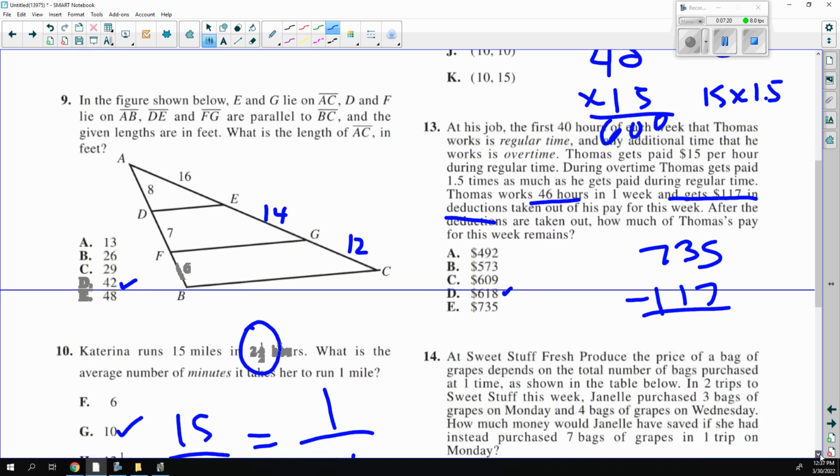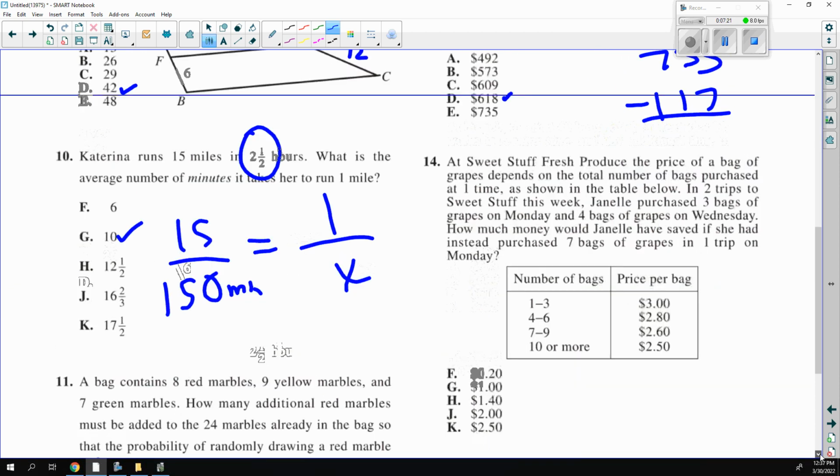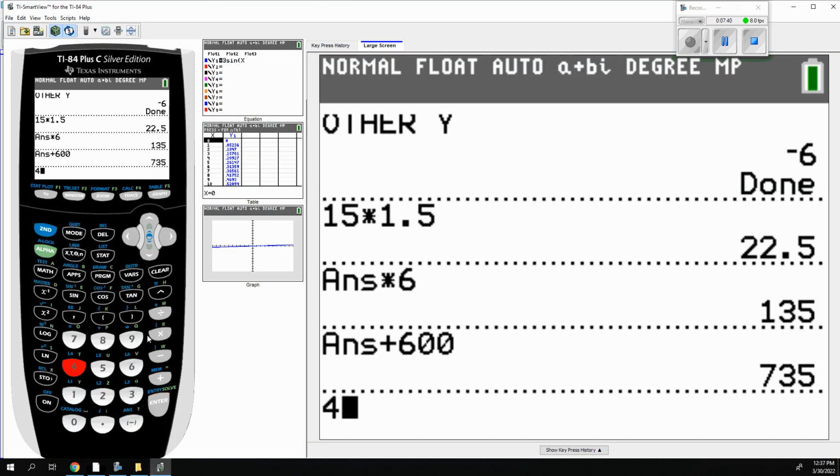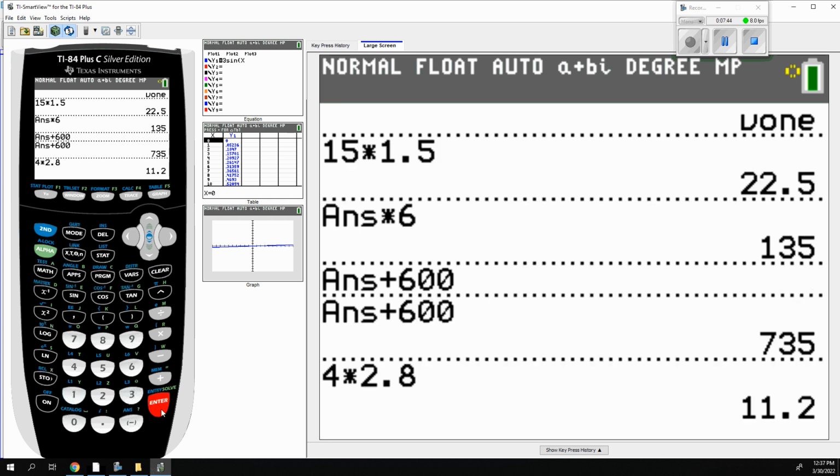13 is D. 14 is the go shopping. If you buy 3 bags of grapes, the price per bag is $3, so that would be $9. If you buy 4 bags of grapes, that would be 4 times $2.80 plus the 9 that you spent.